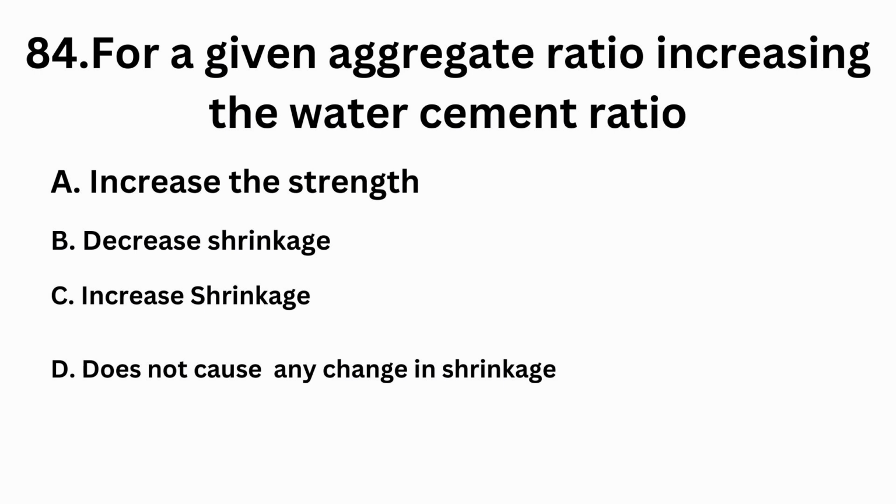A lower ratio leads to higher strength and durability but may make the mix difficult to work with and form. A mix with too much water will experience more shrinkage as excess water leaves, resulting in internal cracks and visible fracture, which again will reduce the final strength and durability. So option C, increased shrinkage, is correct.